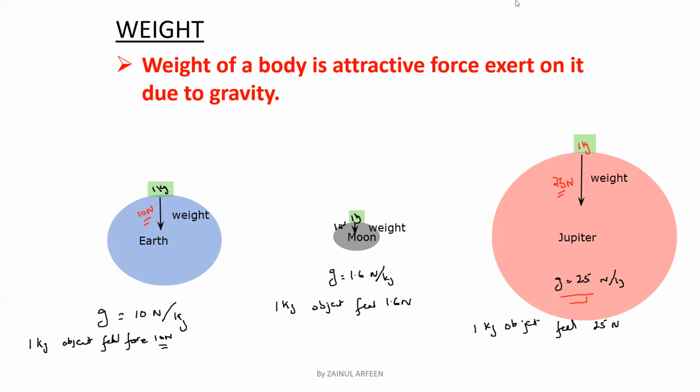But what will happen if we have a 2 kilogram object? First we took the example of 1 kg. Now if we have a 2 kilogram object, what will be the gravitational force of the Earth on it? If a 1 kilogram object experiences a force of 10 Newton, then a 2 kilogram object will experience a force of 20 Newton.